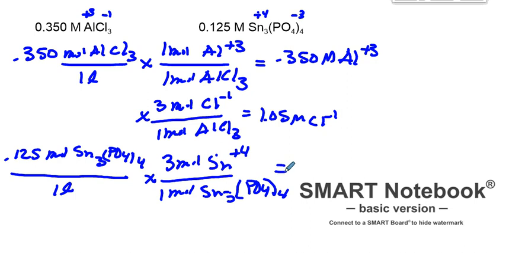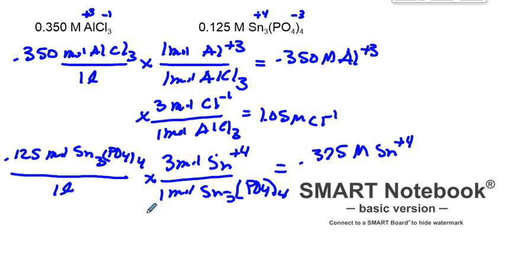Okay, and that's going to equal, again, we're just going to multiply that through by 3 there, and we're going to get 0.375 molar tin +4.